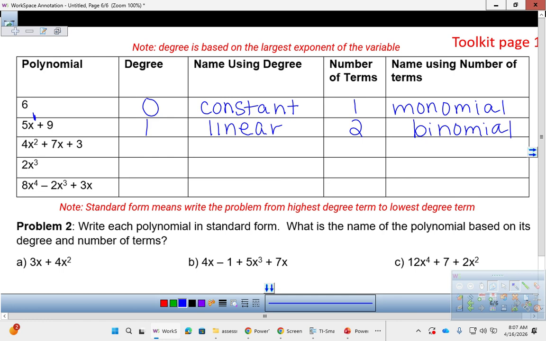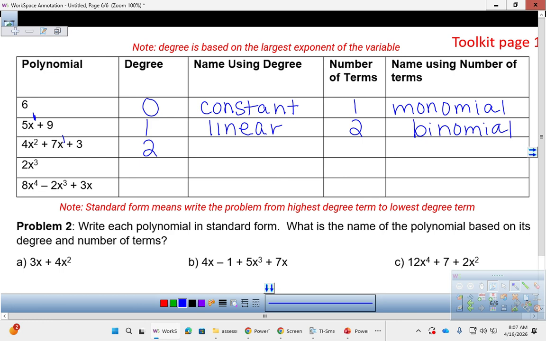The degree of this next one, you're basing it on its highest exponent. So I've got an exponent of 2, an exponent of 1, and an exponent of 0. The highest exponent is 2. And if an equation's highest exponent is 2, we call those equations, anybody know what those equations are called?